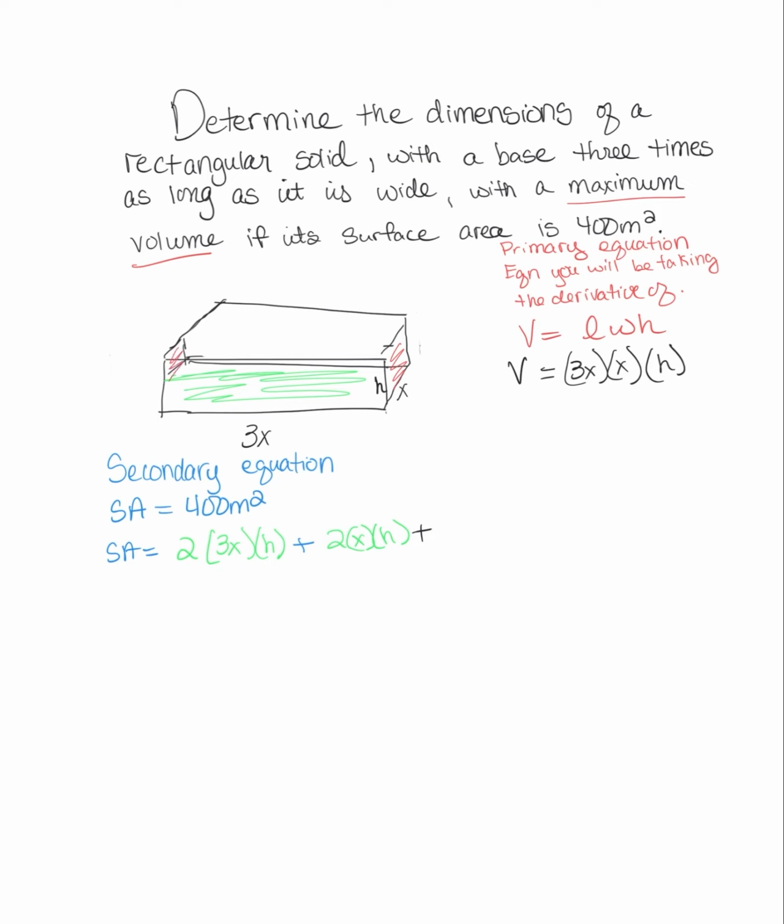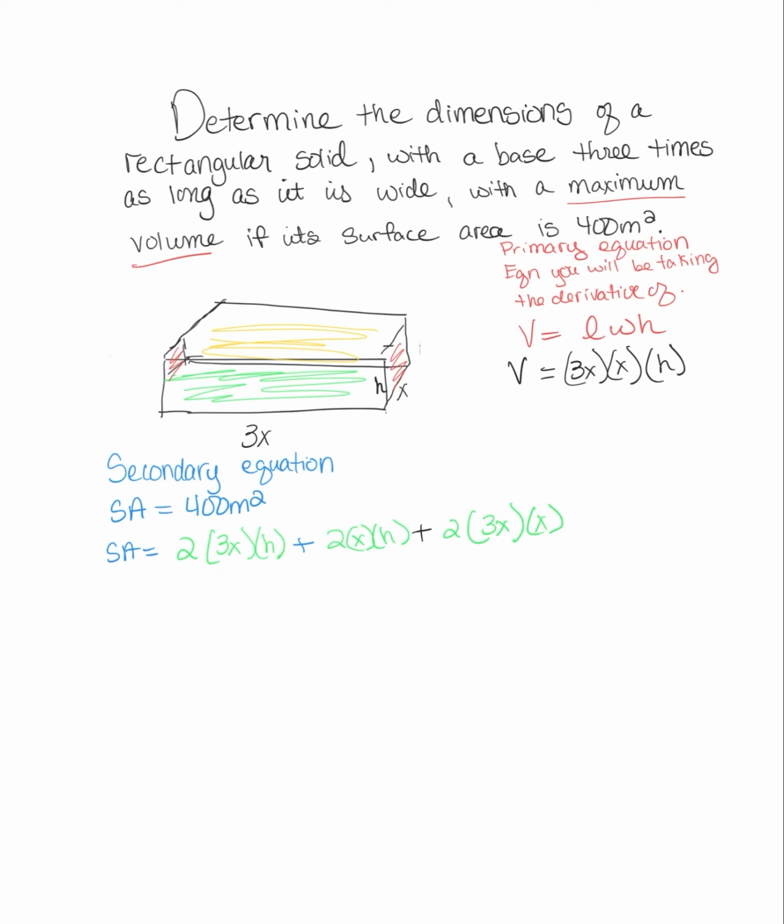And then we're going to have a top and a bottom. So this right here, there's a top and a bottom. And so that is going to be represented by 3x, because it's 3x long and it's x wide. So this is going to be 2, because there's two of them, 3x times x.